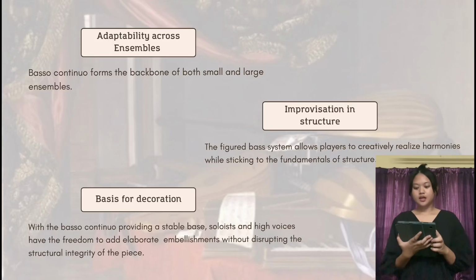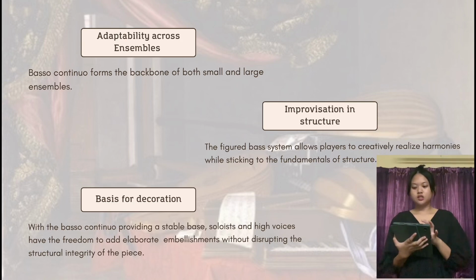Next is adaptability across ensembles. Basso continuo forms the backbone of both small and large ensembles. It ensures that the harmonic and rhythmic pulse is maintained, allowing other parts to interact dynamically on top of it.